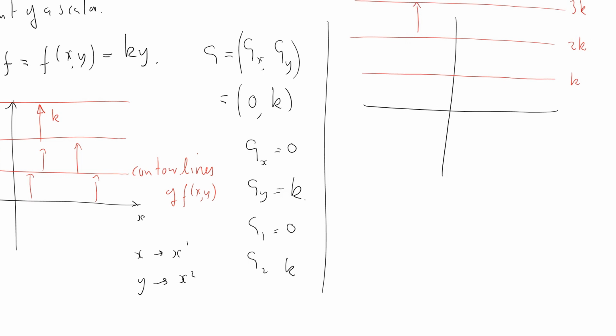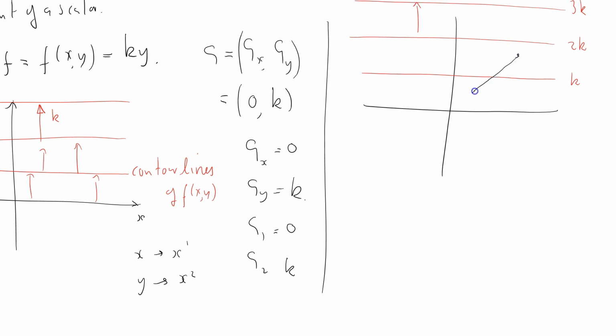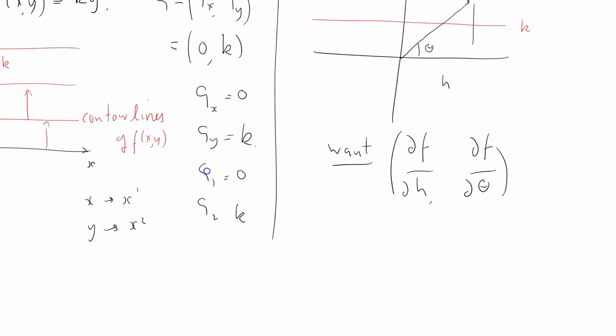So what does that mean? Let's go back to black. There's just a random point, that's theta and that's h. So what do we want? We want ∂f/∂h and ∂f/∂theta. Okay, so that's the gradient in h theta space.